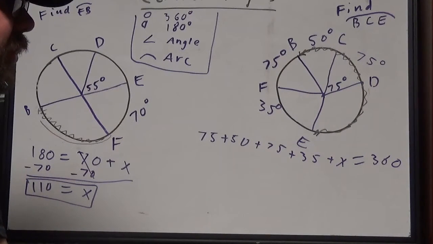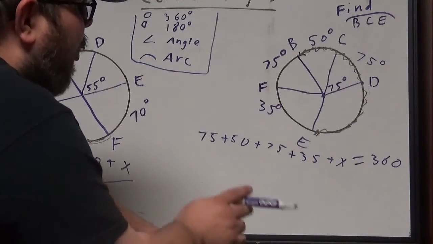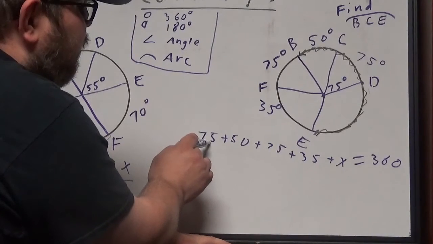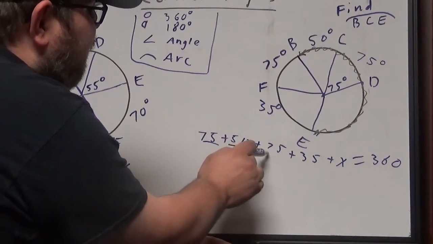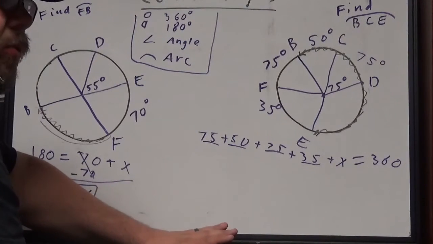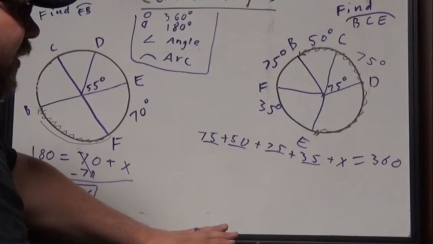Hopefully this doesn't look too difficult. What we'll do is combine our like terms: 75, 50, 75, 35. We're going to combine all of these.